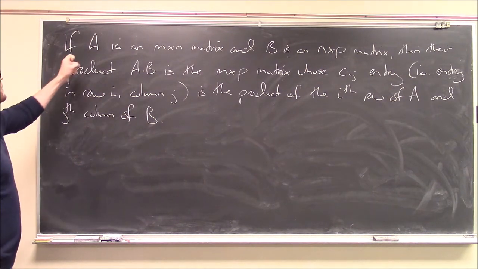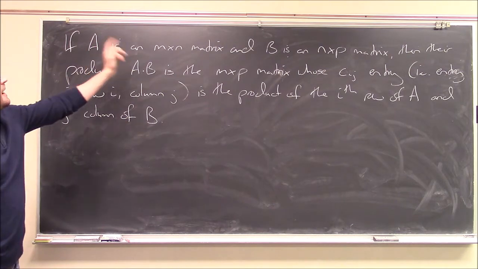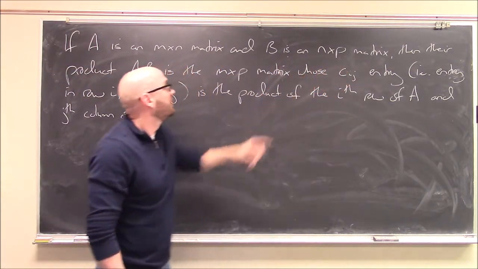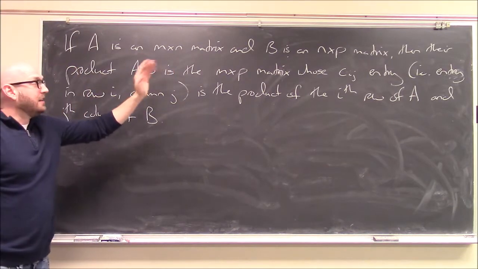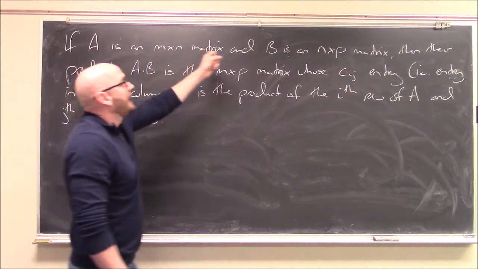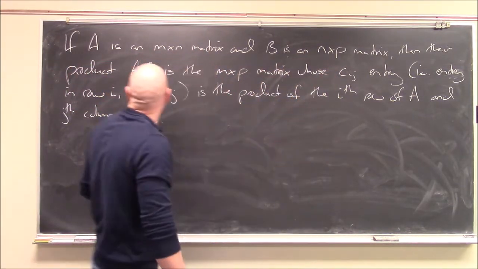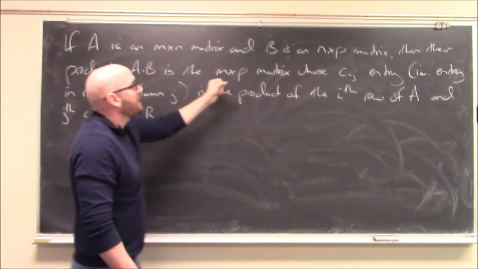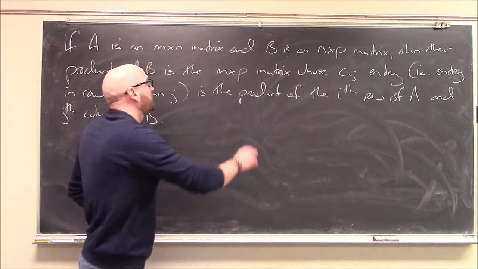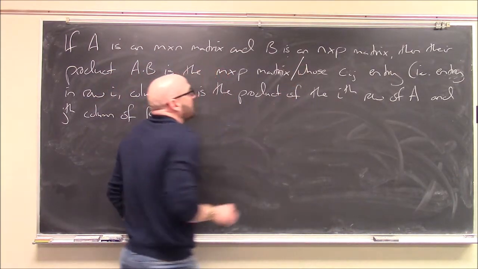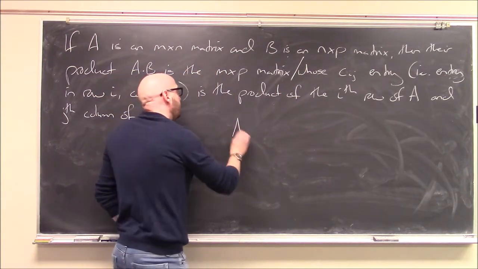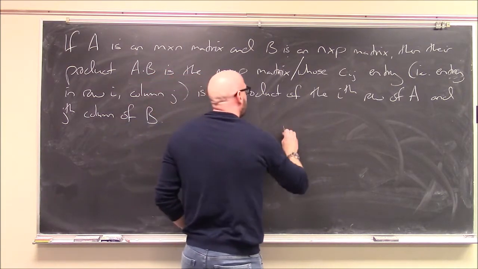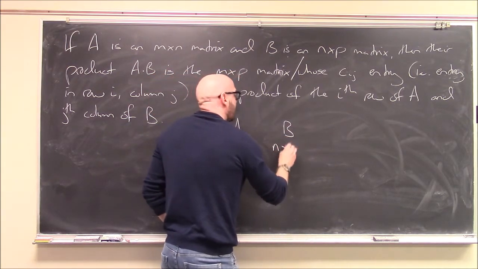So first and foremost, if A is an m by n matrix and B is an n by p matrix, so they're not the same size here, right? Not necessarily. M by n and n by p, then their product A times B is the m by p matrix. So let's just cut this off here and think about this. I've got A, which is m by n, and B, which is n by p.